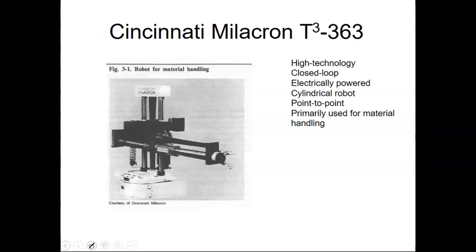So here's a very simple one. This is for material handling. This particular one is a high technology because it gets sensor feedback. It's closed loop because it uses servo motors as well as other forms of feedback. It's electrically powered. It moves in a cylinder. You probably can't see it too well, but it just runs up and down. This runs in and out, and then this guy swings on a pivot.